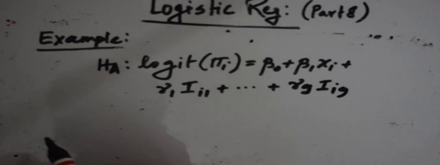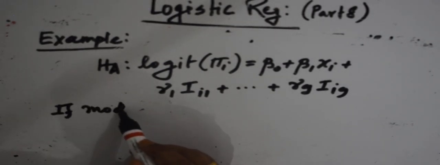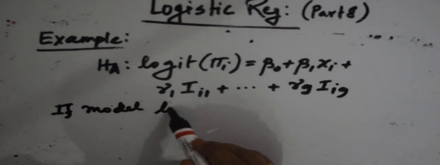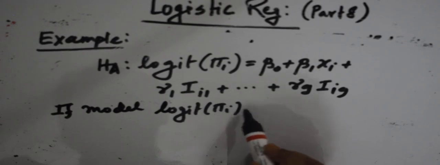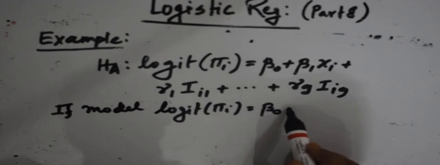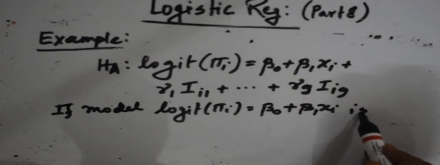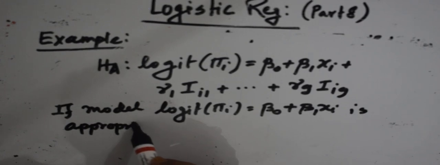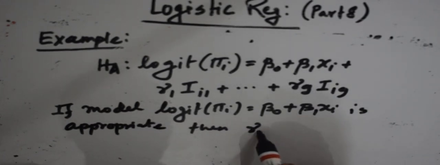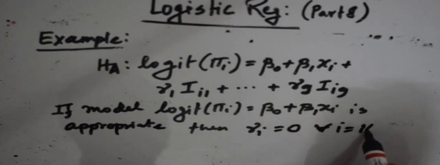If the model logit pi i equals beta naught plus beta 1 xi is appropriate, then gamma i should be 0 for all i from 1 to 9.